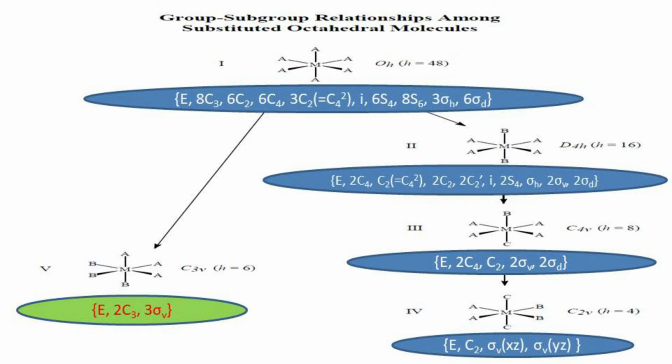Now, as shown in this slide, consider structural changes that occurred due to replacement of A by other atoms or groups, say B or C.